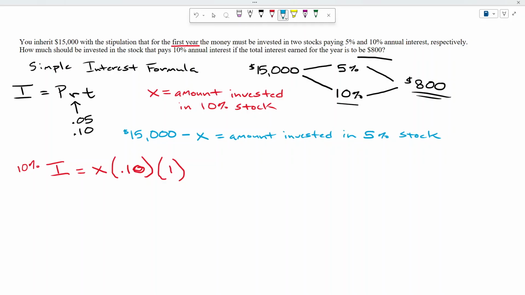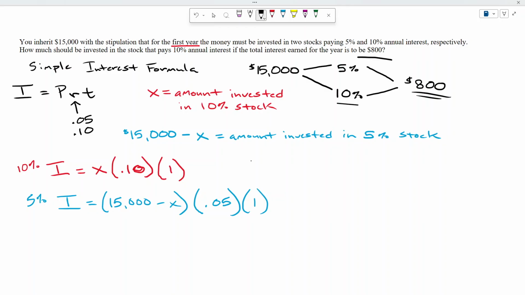Let's get the 5% one set up. It'll be the same thing. So we have I equals, and now this is 15,000 minus X, and then the rate is 5%, and the time, of course, is the same, 1 year.